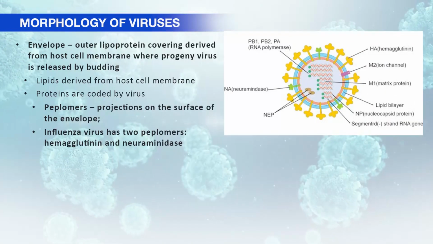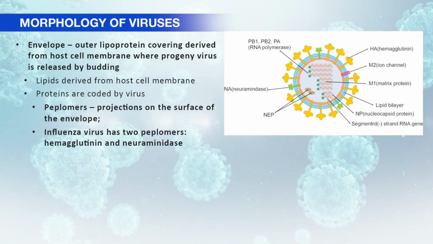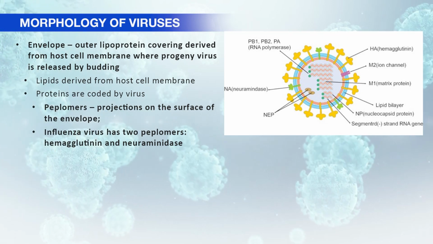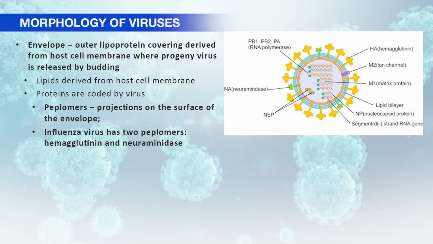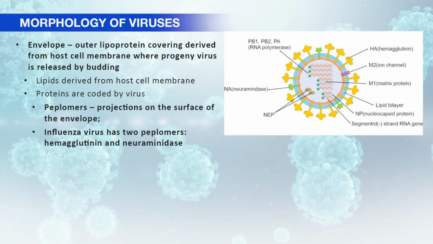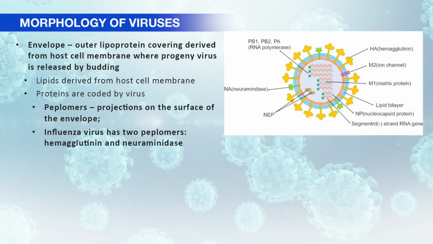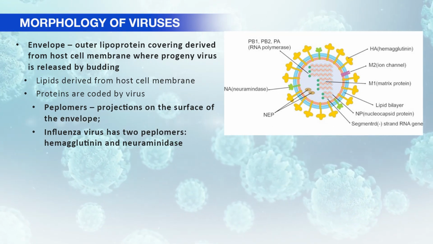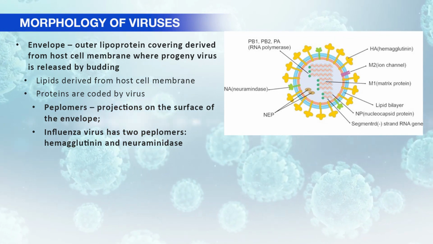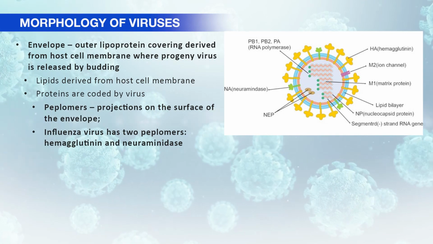Some viruses also have an envelope around them, a lipoprotein cover derived from the host cell membrane, from where the progeny virus is released through the process of budding. The lipids are derived from the host cell membrane, whereas the proteins are coded by the virus. As you can see in the diagram, certain structures are colored in yellow and green.